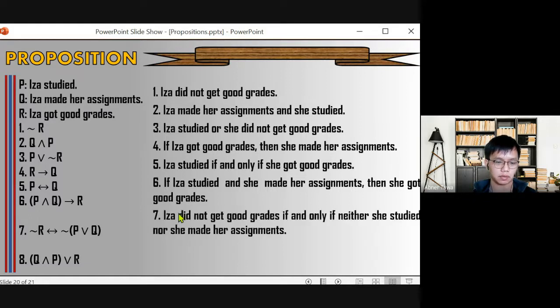Isa did not get good grades if and only if neither she studied nor she made her assignments. So this is the denial of P or Q; you can use the word "neither," which means she studied nor she made her assignments. So our answer was right but we arranged it better. So that is for number 7.